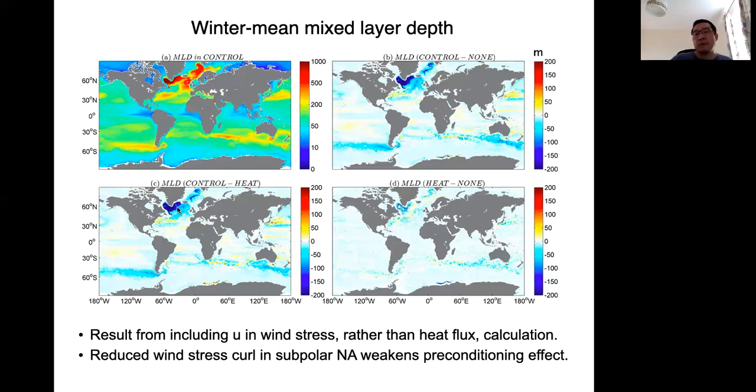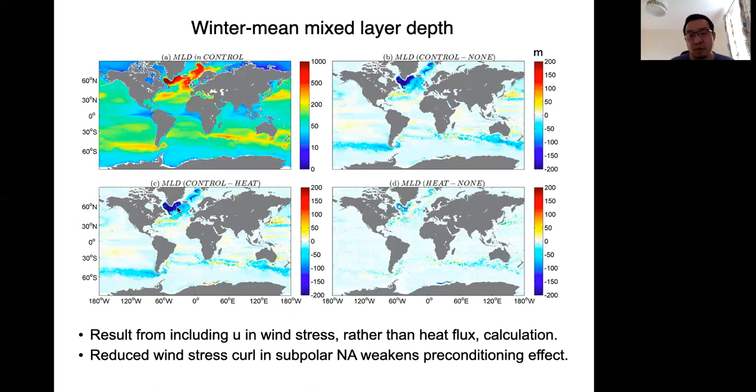We think that's because the reduced wind stress curl in the subpolar North Atlantic weakens the preconditioning effect. In the subpolar oceans, there is cyclonic wind stress curl which leads to Ekman upwelling and then the isopycnal doming towards the surface, which eventually triggers deep convection.